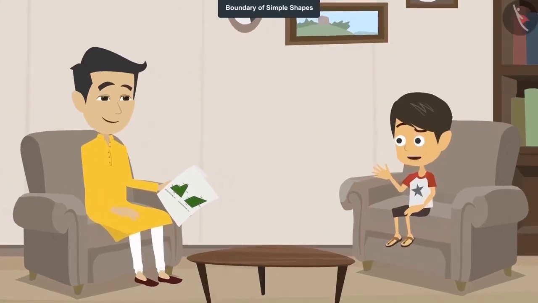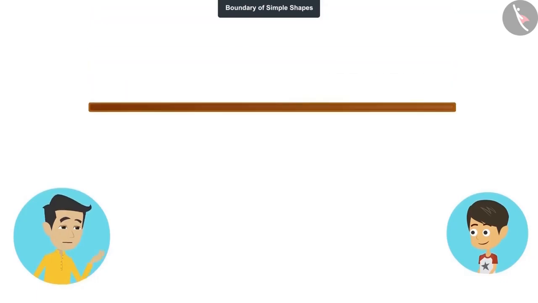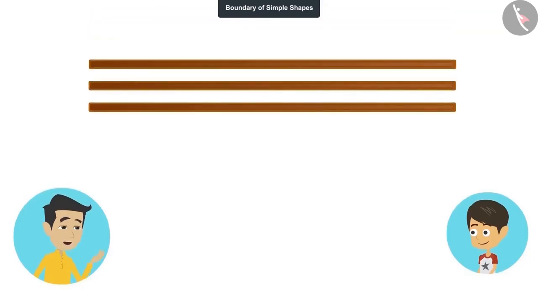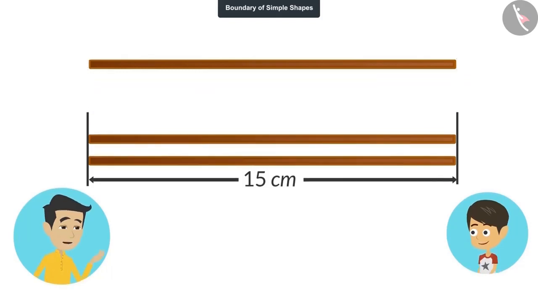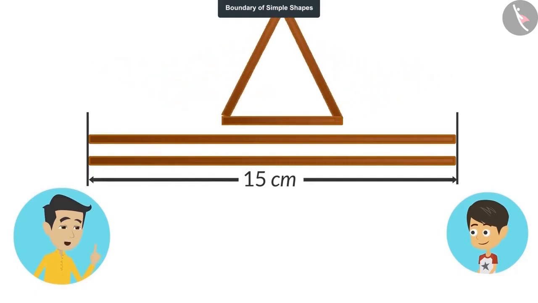I did not understand it properly. Look, I have 3 thin sticks of the same size. They all have the same length, 15 centimeters. Yes, their length is the same. Now I cut one of these sticks into 3 parts and make a shape from it.